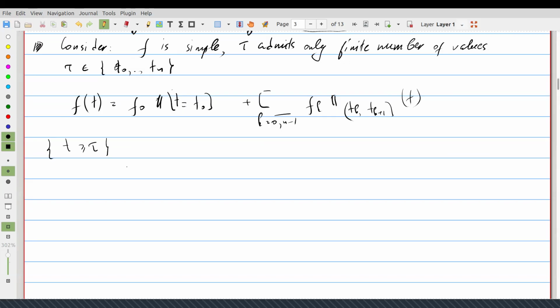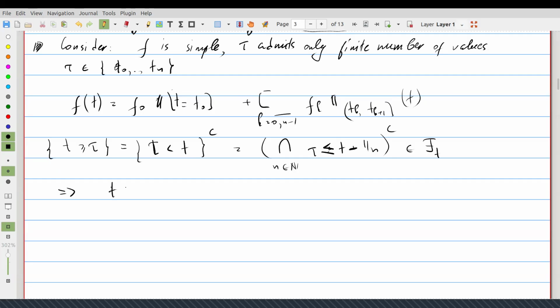Now let's recall something about filtrations. The event tau less than t lives here, and this is measurable. So the process indicator t greater than tau is progressive.